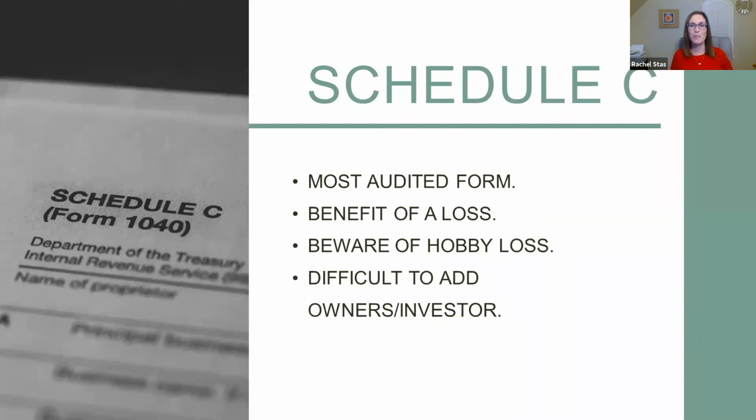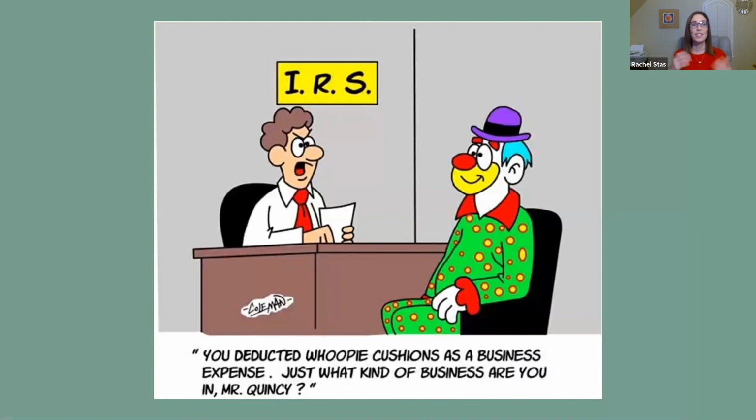And because of that 30%, that's why we want to make sure that you're showing as little profit as possible on your tax return, but the right way. So we're going to talk now about the expenses that you can deduct. The official rule with the IRS is that these expenses are deductible if they are incurred in connection with your trade, business, or profession, and that they are ordinary and necessary.